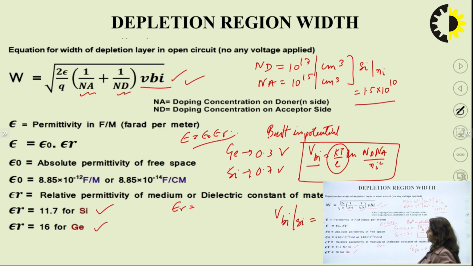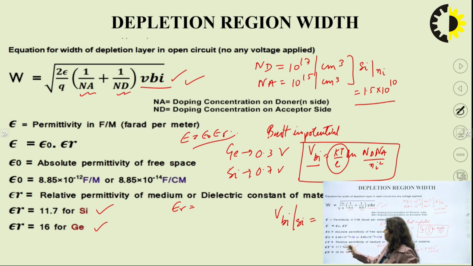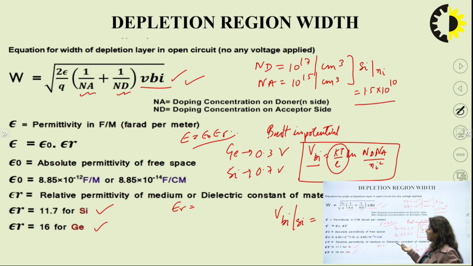To find the depletion width for silicon, you put epsilon r as 11.7 and epsilon naught as 8.85 into 10 to the power minus 12 farad per meter, or in farad per centimeter, 8.85 into 10 to the power minus 14. In numerical problems you have to put these values in centimeters, because NA and ND are in per centimeter cube.